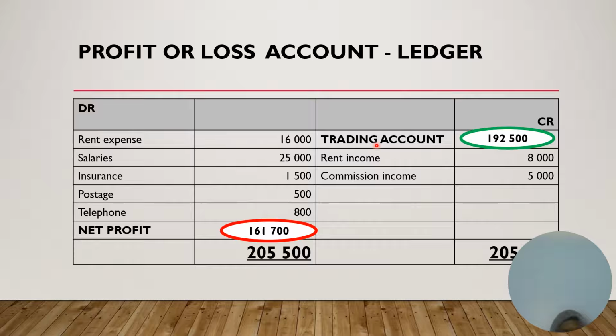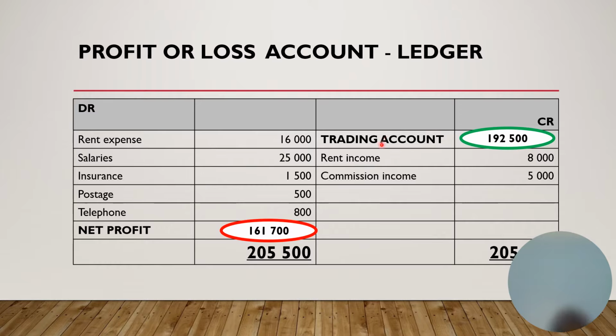Okay, and then if you have other income, you add other income. Maybe you have a rent income, or maybe you have commission income. Any other income, you add it to your trading account or to your gross profit. If you remember the previous slide, this is your gross profit.